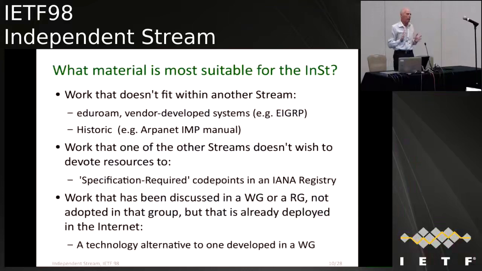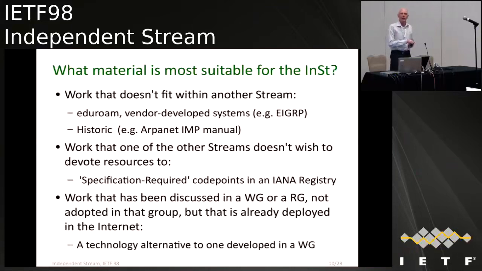Then there are vendor-developed systems, and the one that comes to mind is EIGRP. That's a Cisco-specific routing protocol. Cisco have been putting it in their routers for as long as I can remember, certainly back into the early 90s. But there were one or two academic articles about it, and there was no other real documentation. Everybody just used it, and it just worked.